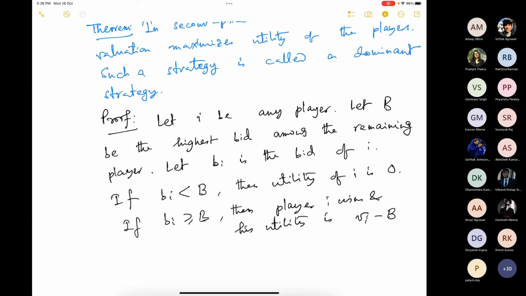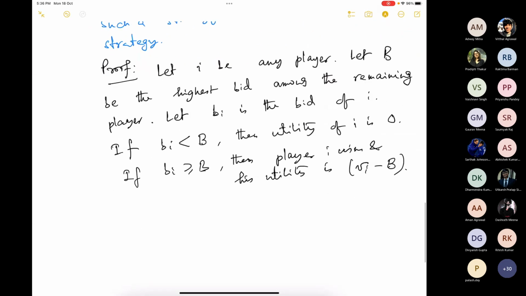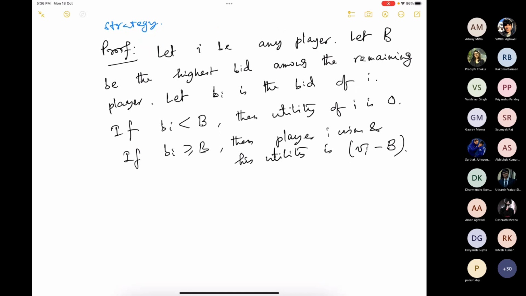Payment is B, capital B. This is utility. Now we will show that setting Bi equal to Vi is guaranteed to achieve the highest utility.